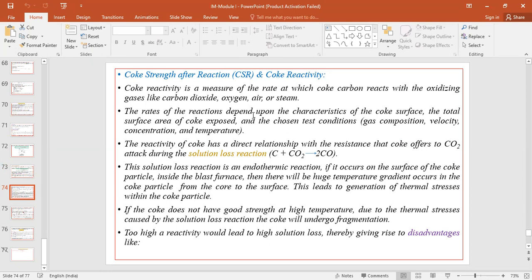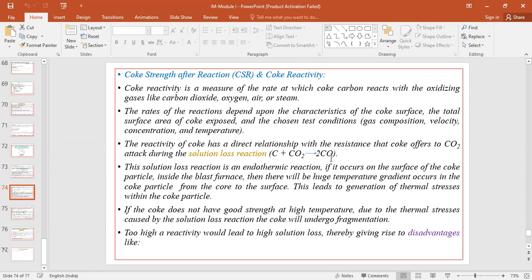The reactivity of the coke has a direct relationship with the resistance that coke offers to CO2 attack. That is called the solution loss reaction, where there is a loss of carbon by this reaction, C + CO2 gives 2CO. This is basically an endothermic reaction.